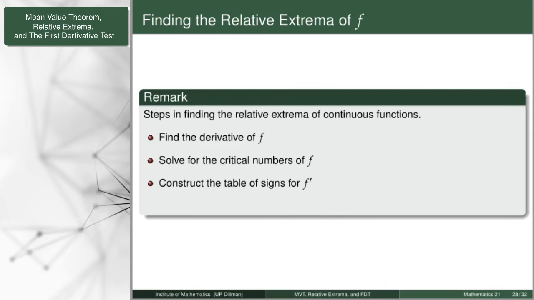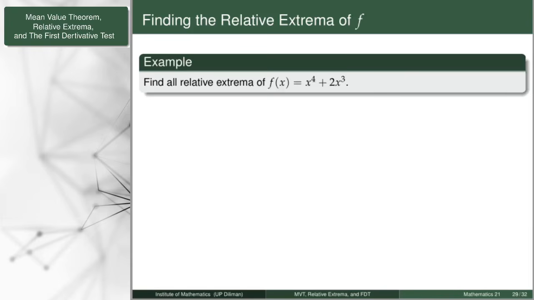If the function is continuous, then a change of sign will only happen when either you are at 0 or when it is non-existent. And then after that, we are just going to conclude by the first derivative test. Let us demonstrate that through the following example. I have f of x equal to x to the fourth plus 2x cubed.